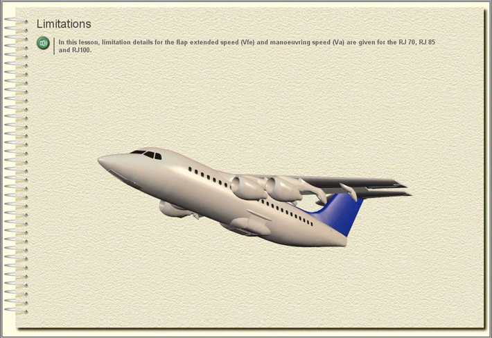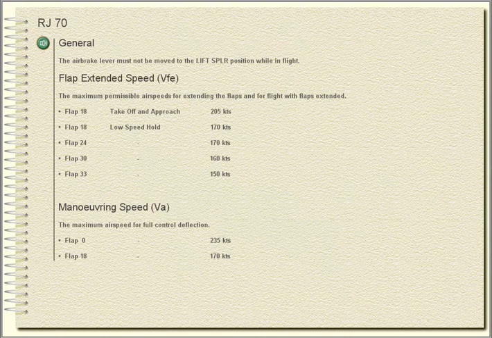Limitations. In this lesson, limitation details for the flap extended speed, VFE, and manoeuvring speed, VA, are given for the RJ70, RJ85, and RJ100.